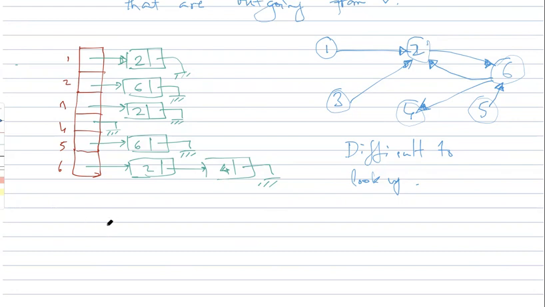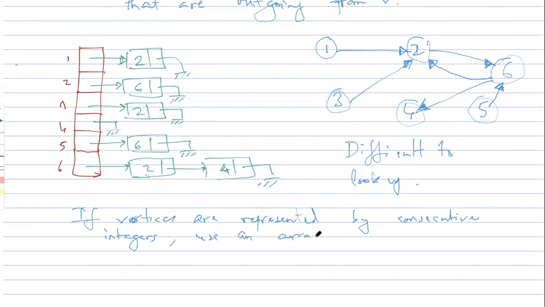If the vertices are represented by consecutive integers, then you can use an array of lists, right?